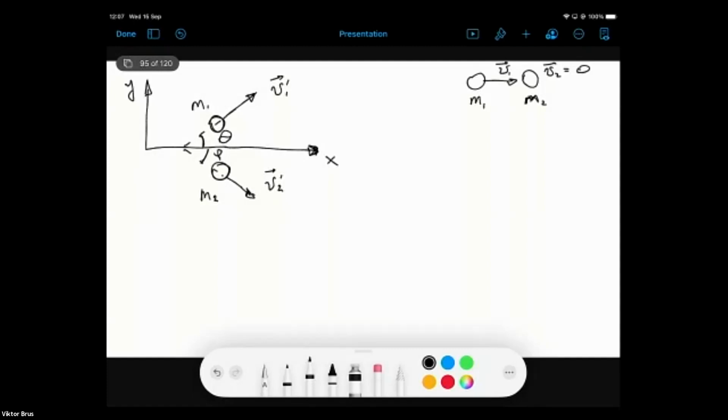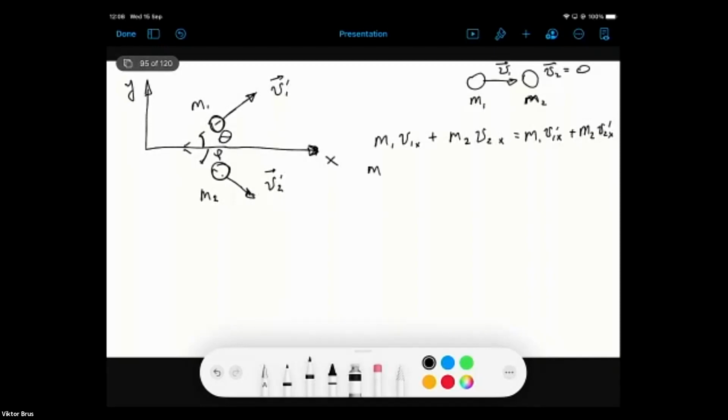So initially we can write that M1 times V1x plus M2 times V2x is equal to M1 V1x prime, so it's the speed along axis x after collision, plus M2 V2x prime.